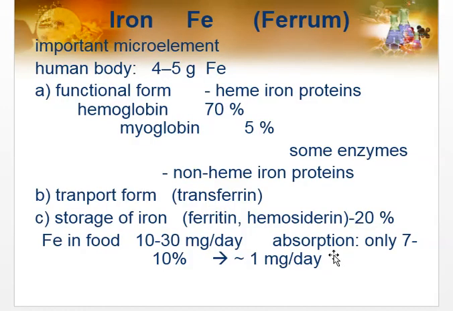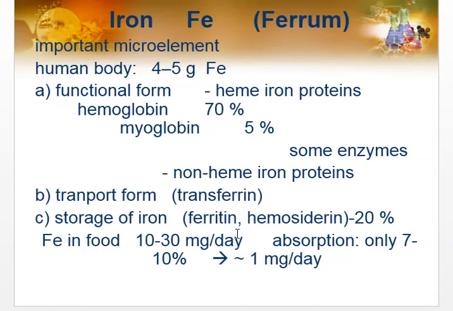Iron is an important microelement. The human body contains 4-5 grams of iron. Functional forms: heme iron proteins, hemoglobin 70%, myoglobin 5%, some enzymes, and non-heme iron proteins. The transport form is transferrin.